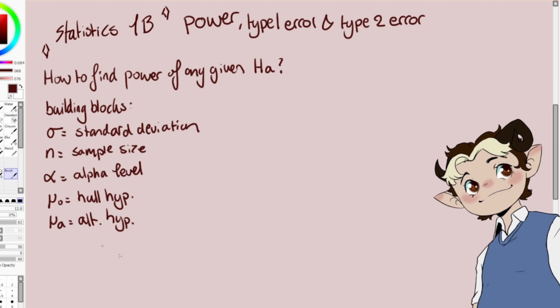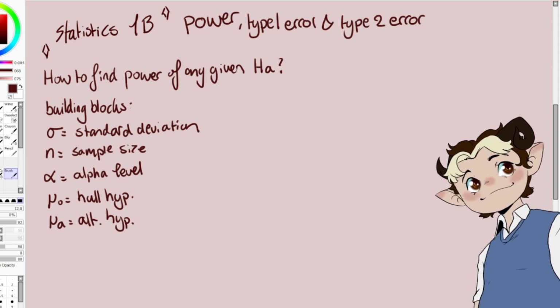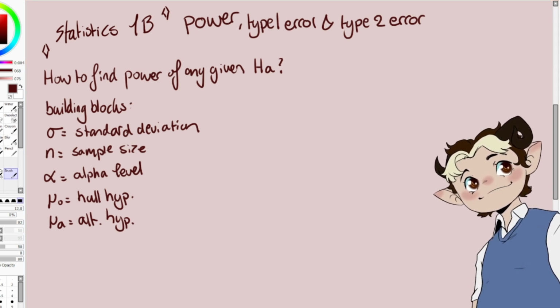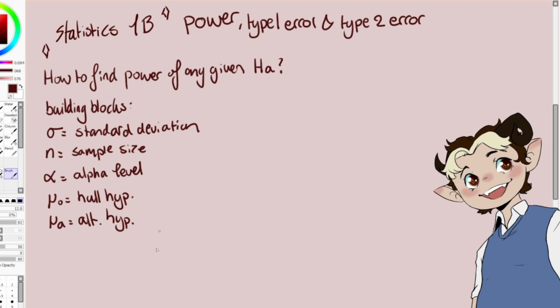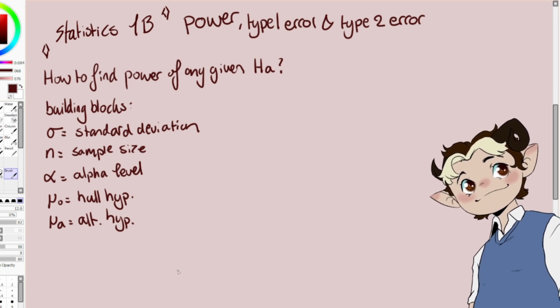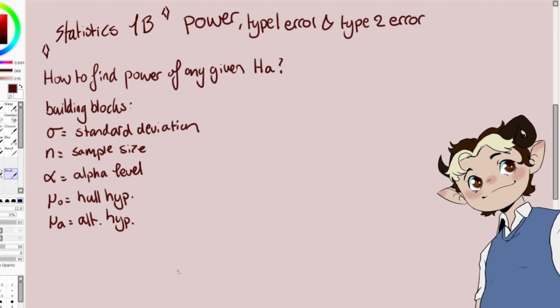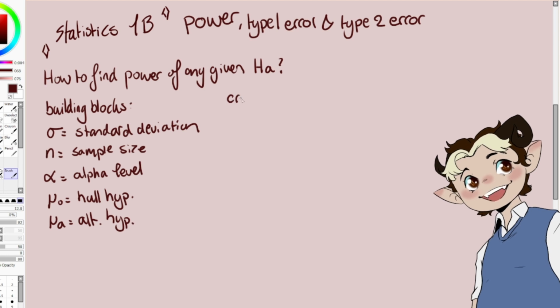Those are the building blocks with which we are going to make the whole thing. So there's a few steps to getting to our power, one of which includes getting a thing called a critical x value.